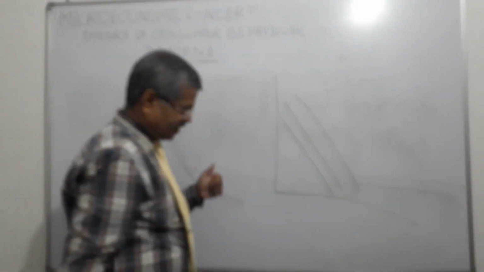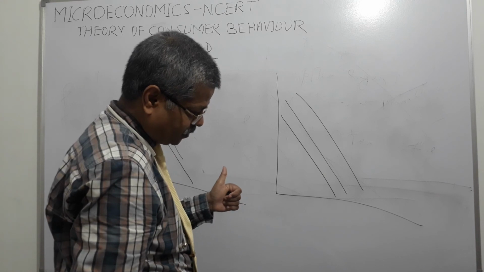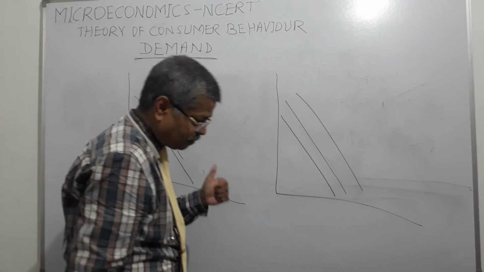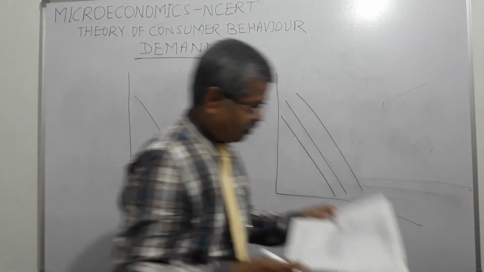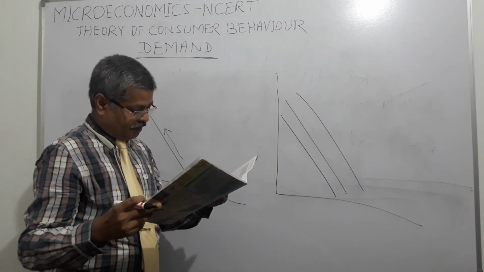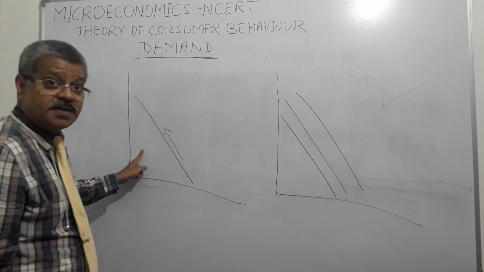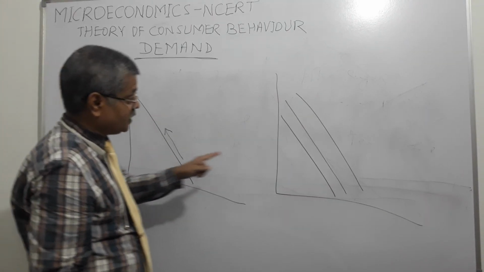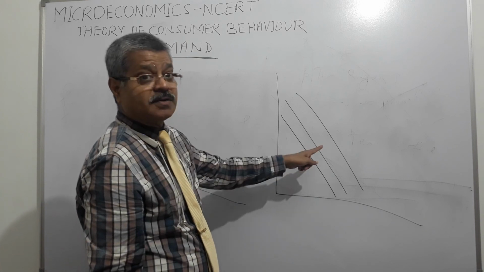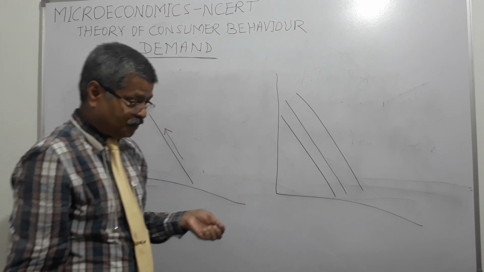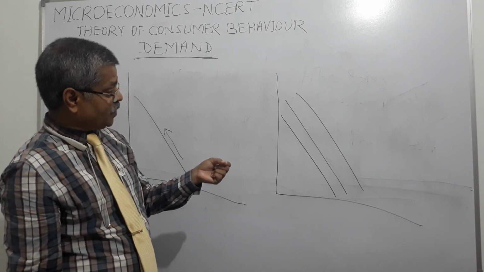So this depicts movement along the demand curve due to change in price, and shifting of the demand curve due to all other factors, right? I hope you found it easy to understand.